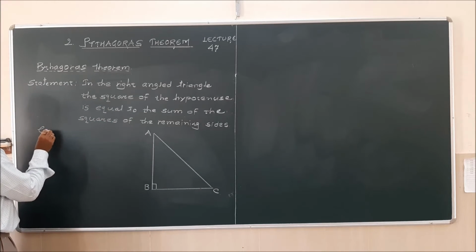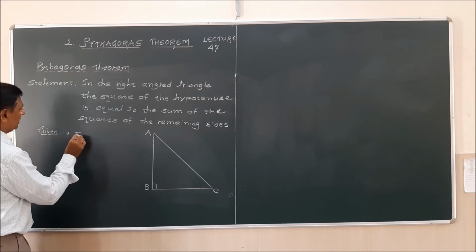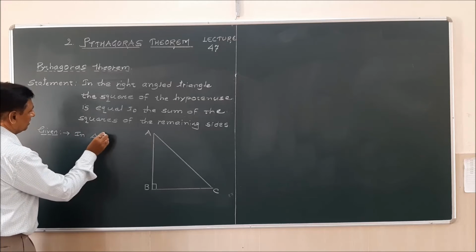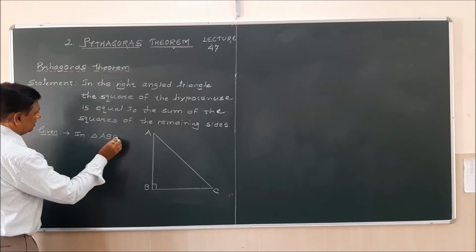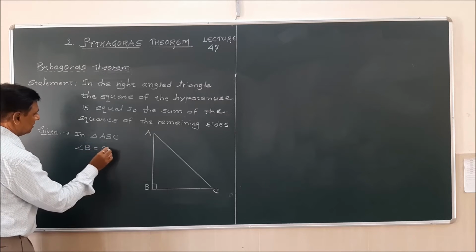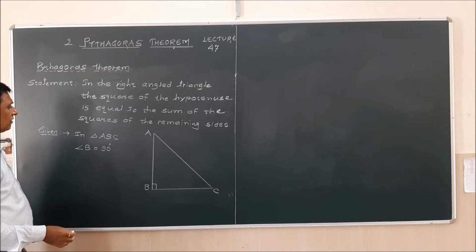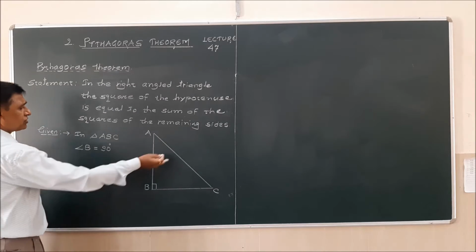Given: in triangle ABC, angle B is of 90 degrees. You all know hypotenuse square.